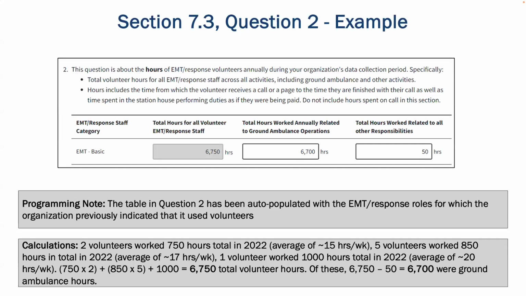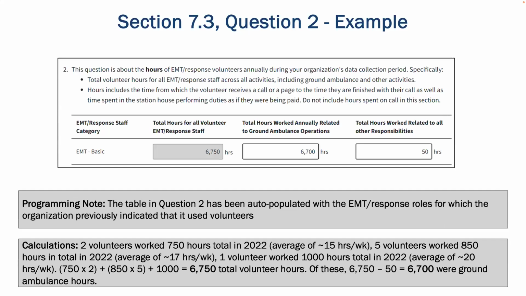At this organization, the volunteer EMTs spent a total of 50 hours during their data collection period doing public health outreach activities, with the rest of their time spent on ground ambulance-related operations. The organization inputs 6,700 under total hours worked annually related to ground ambulance operations, and 50 under total hours worked related to all other responsibilities for EMT basics.